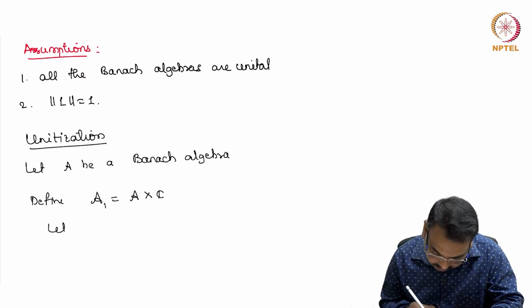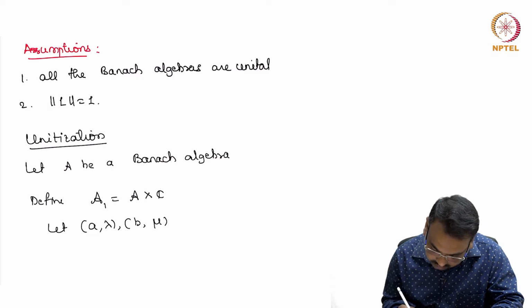Let us take (A, lambda) and (B, mu) from A1.